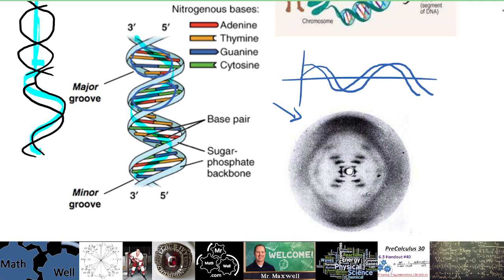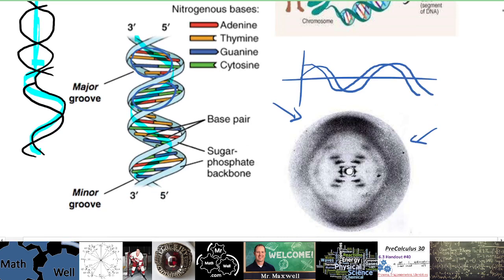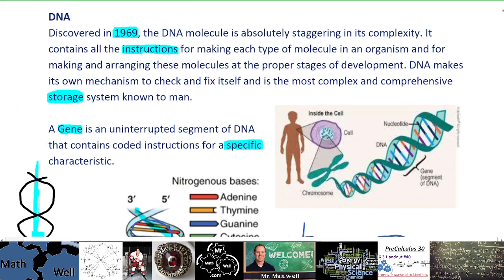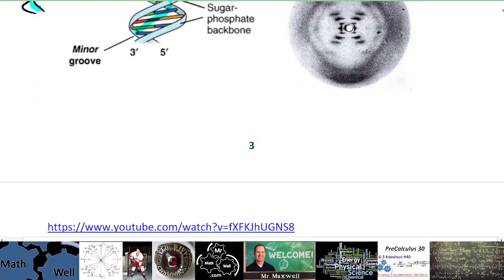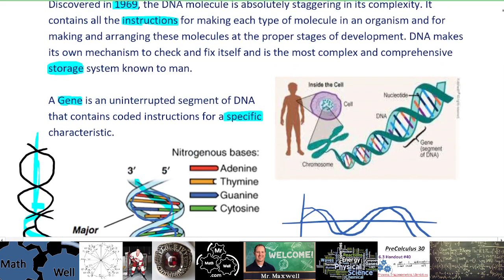Crick and Watson were the scientists that published all this stuff, and Franklin was the one that took this picture, I believe. She had a lot of work to do too. She was kind of a lab assistant and didn't get a lot of credit at the time. But anyways, this was uncovered back in the late 60s, and there's been a lot of really interesting research in the study of DNA and our genes and our coded instructions.